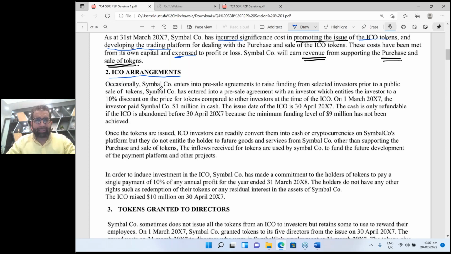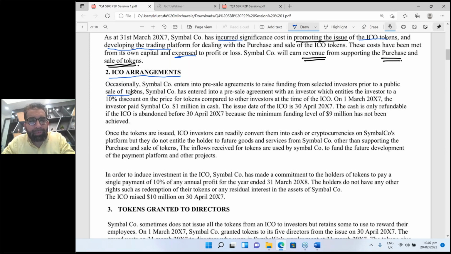Occasionally, the symbol company enters into pre-sale agreements to raise funding from selected investors prior to the public sale of tokens. This happens in my country as well. In the construction industry, I've seen this pre-sale, they call it pre-launch.